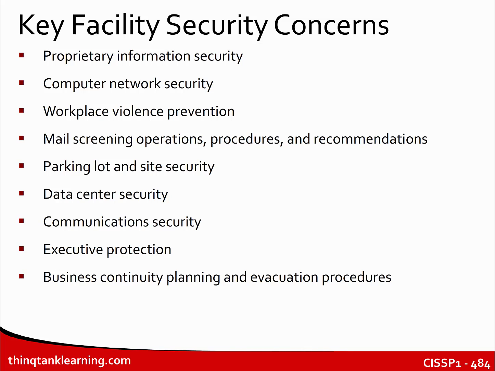People get pissed off, they start fighting with each other, somebody gets injured or killed, the company could be held liable. Mail screening operations. We had those incidents previously where suspicious white powders were being sent via mail to an office. What are the procedures for handling that type of thing?